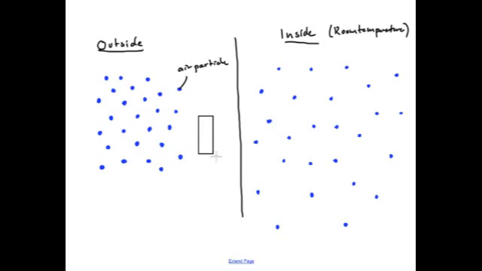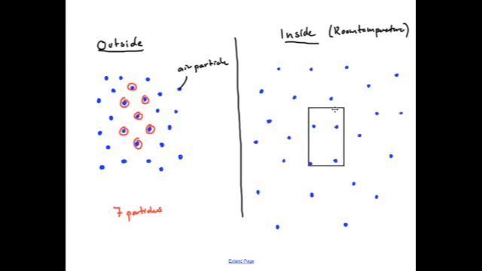So I'll create a container here. It could be my sandwich box, for example, that I always bring. Let's say I scoop some air out of the room like this. You can see that I have 7 particles in my box, and if I do the same thing inside, trying to fit as many particles as I can, I think 4 is probably going to be the best I can do.